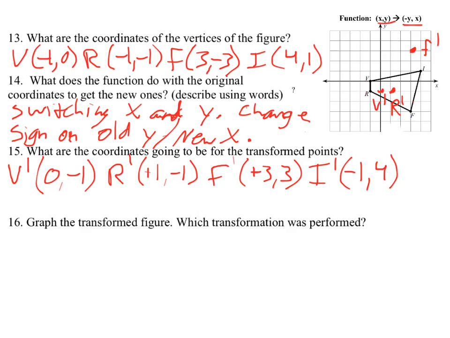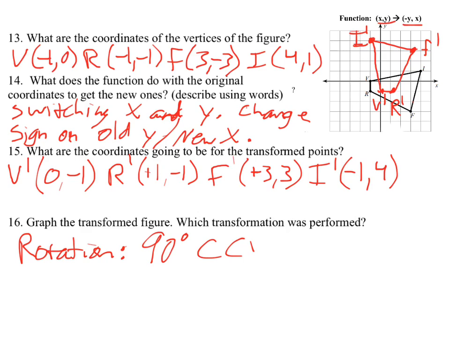Or F prime, sorry. And then I prime is going to be at negative 1, 4. There's I prime. Now we can draw the figure. And it's that same figure, but it's been rotated 90 degrees. So that's a rotation 90 degrees. And that one is counterclockwise.